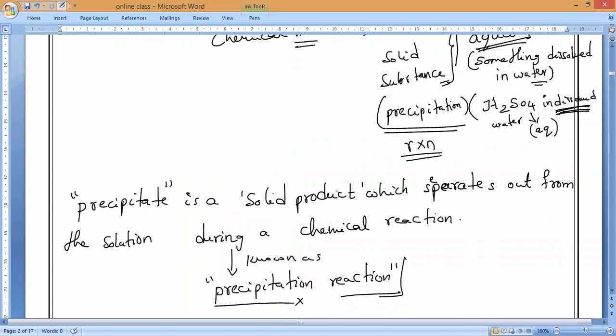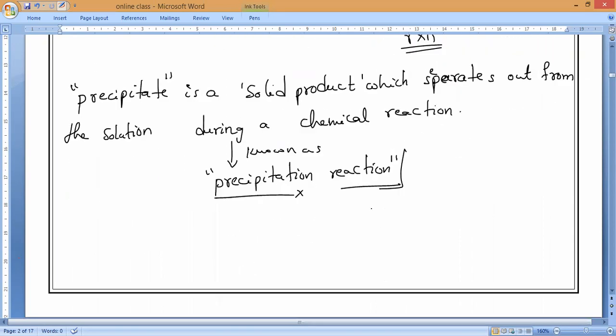It is formed by both the reactants. What is the minimum number of reactants needed to form the precipitate? The reactants are the ones which are going to be involved in the reaction.